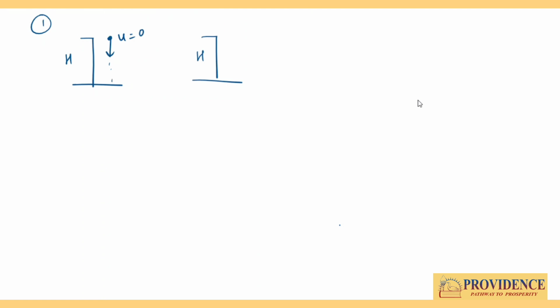And in the next case, let us take that the object is thrown upward with a certain velocity, say maybe 20 meters per second, or whatever it is, some velocity. In both cases we are taking the same height. Now if we are asked to plot the distance, not displacement, versus time graph for both the cases.